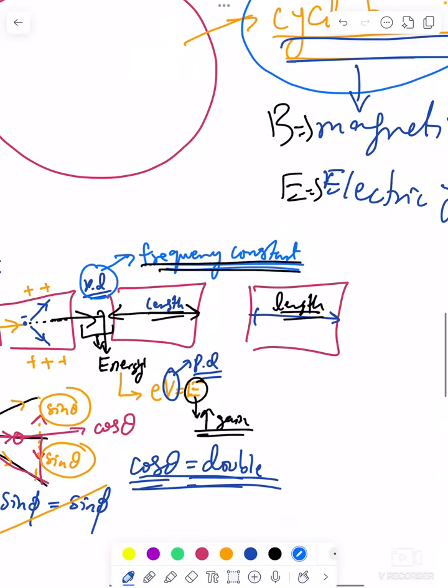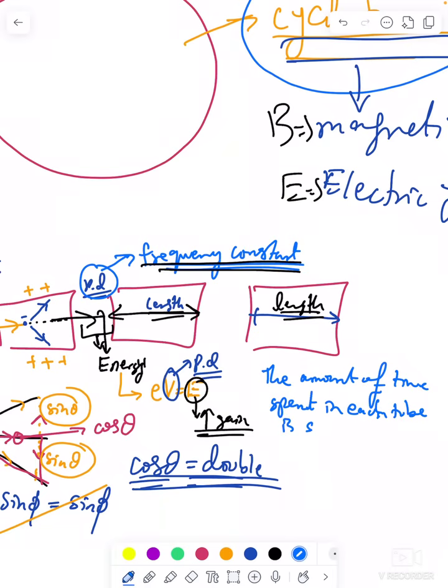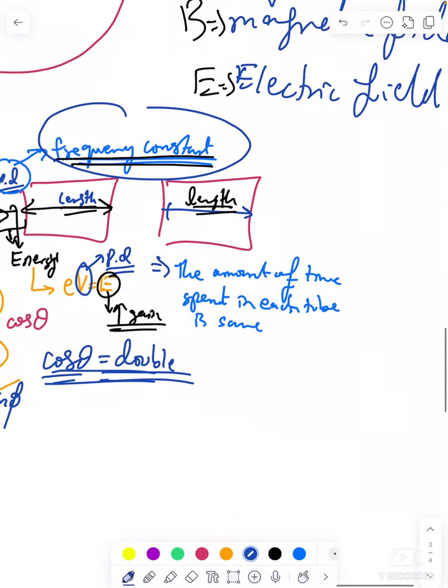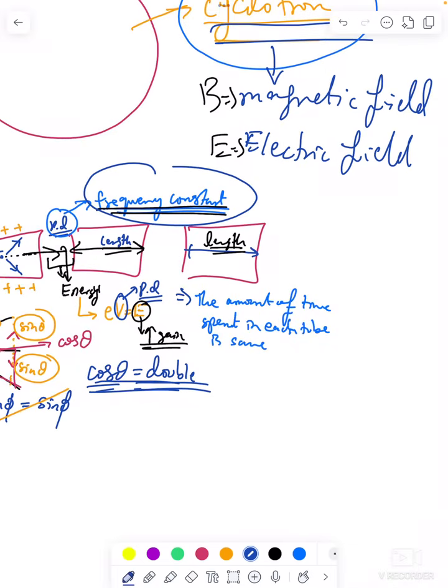Now when it is the same, it means the amount of time spent in each tube is the same because of the constant frequency of the supply at the back.